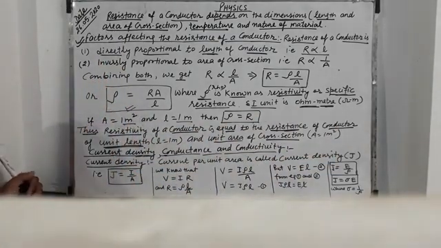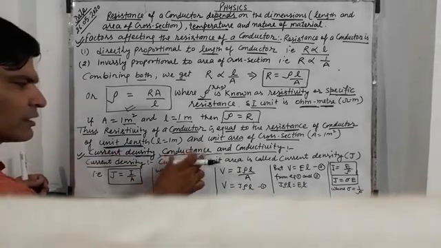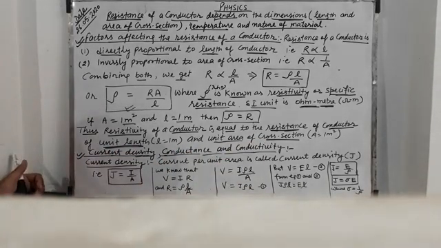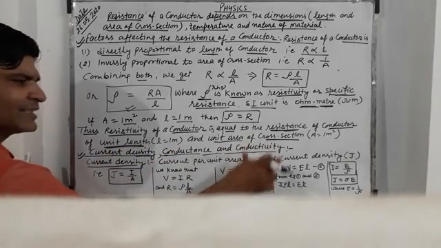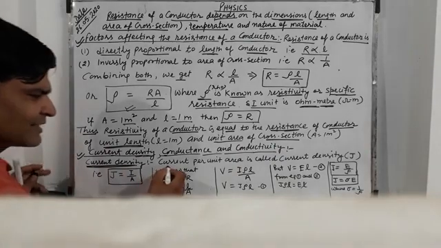Okay, now one new heading is current density, conductance and conductivity. This heading has three topics: current density, conductance and conductivity. So first, current density. What is current density?